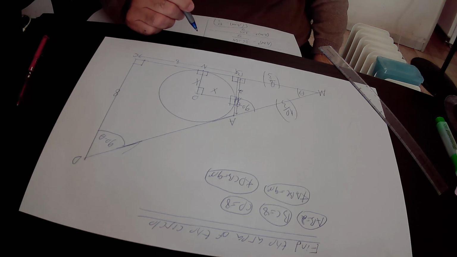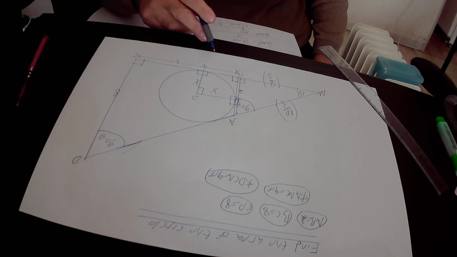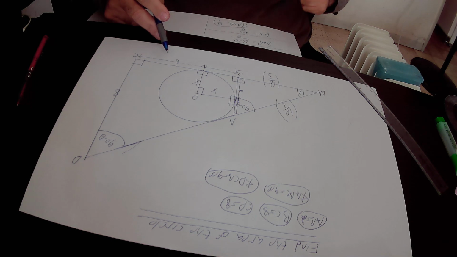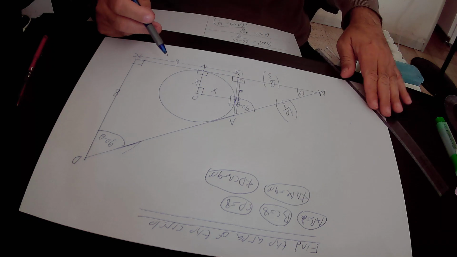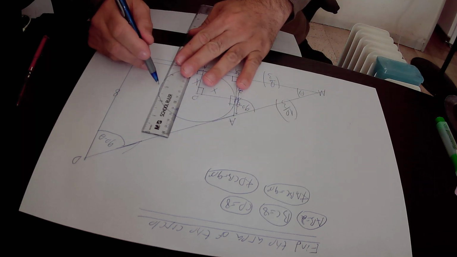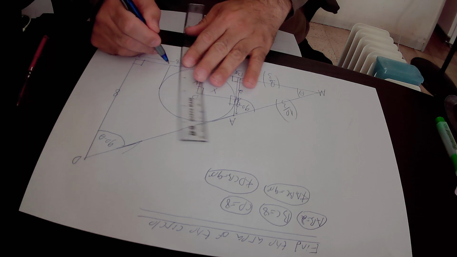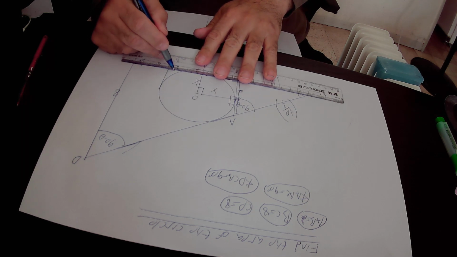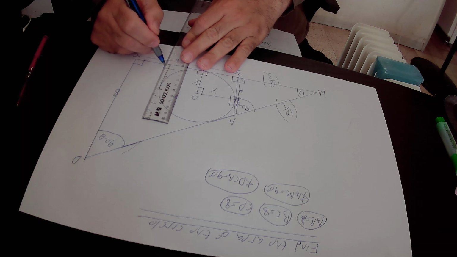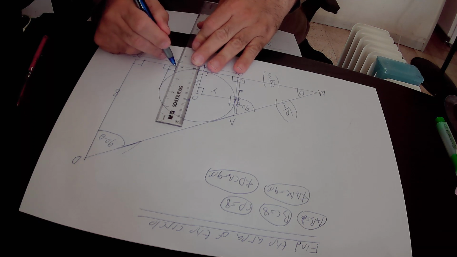In the next step, we draw a perpendicular on BC in such a way that that perpendicular will also be tangent to this circle. So this angle equals 90 degrees, and this angle equals 90 degrees according to our construction.